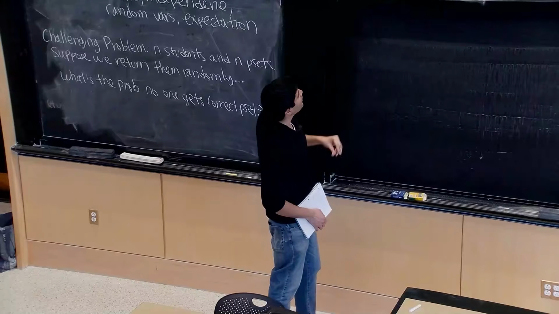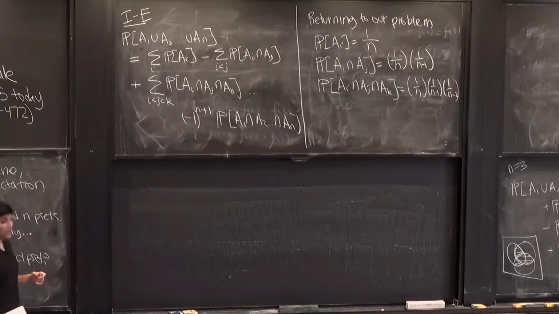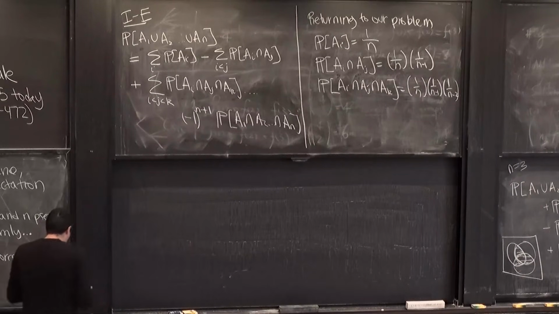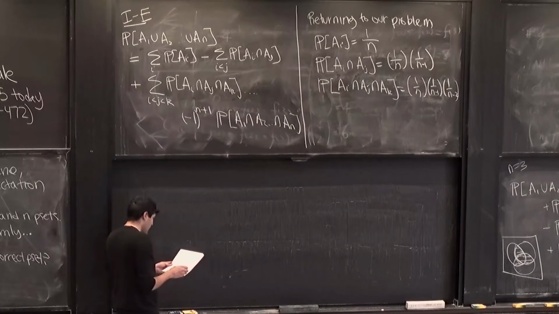Because one thing we need to know is, okay, all of these probabilities of A_i intersect A_j, we know what those values are. They're 1 over n times 1 over n minus 1. But how many of them are there? So that leads us to a very important concept that we're going to talk a ton about, which is called a binomial coefficient.